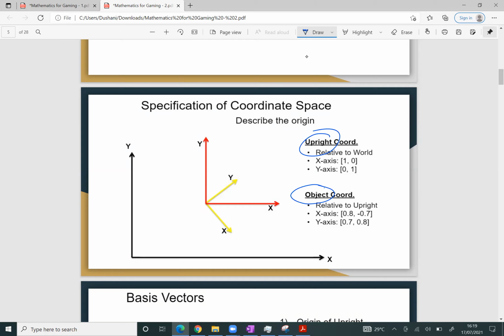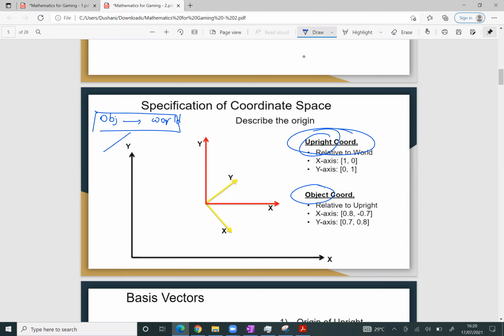So why do we have the upright space? We have it because it makes our life easy when we want to transform a point from the object space to the world space. Having this upright space divides the problem into two parts.